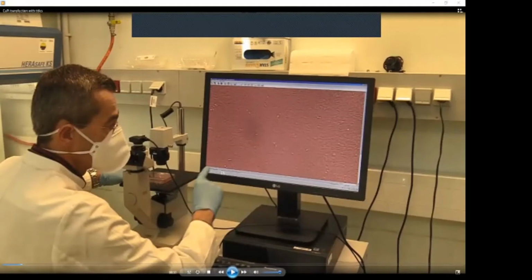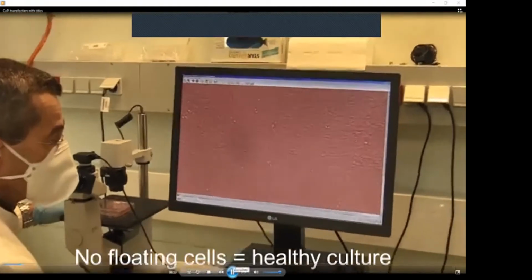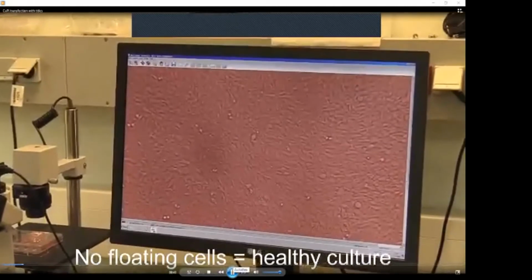It's not 100%, because there are still some free spaces, and it is not contaminated, because if it were contaminated, then you would see very fast moving small dots, which are the bacteria, for instance. So this is one of your real plates, one of the plates which was prepared by the students, and you see that the quality was good.